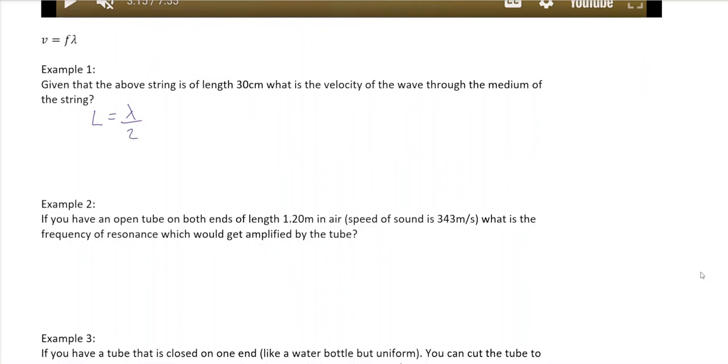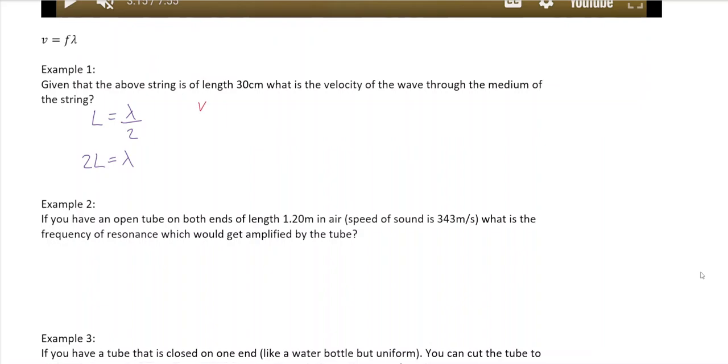Okay, given that the above string is of length 30 centimeters, what is the velocity of the wave through the medium of the string? Well, basically we know the length of the string, but we need to find the actual wavelength. So it's 2L equals the wavelength, which is fine, but that doesn't tell us the right answer yet.